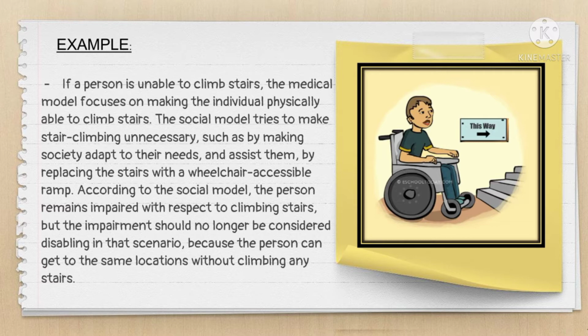According to the social model, the person remains impaired with respect to climbing stairs, but the impairment should no longer be considered disabling in that scenario because the person can get to the same location without climbing any stairs. So that's an example of social model of disability.